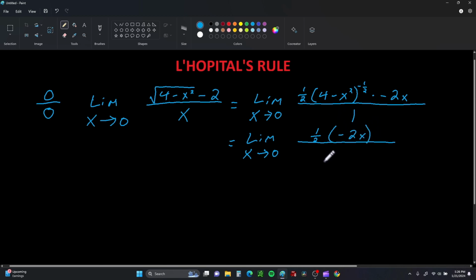And then in the denominator, I have the square root of 4 minus x squared. Further simplification. This would be minus 1.